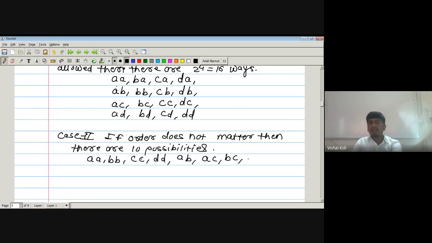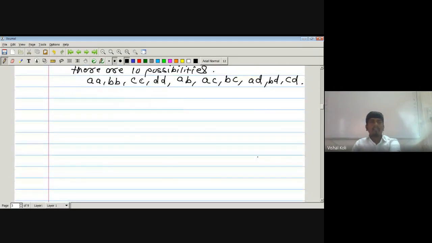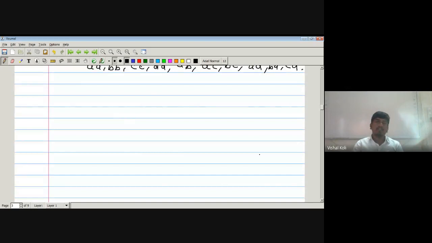AD or DA, BD or DB, and the last one is CD or DC. So these are the required number of ways, and they are 10 in number: 1, 2, 3, 4, 5, 6, 7, 8, 9, 10. So in this way we can solve the problem using combinations.